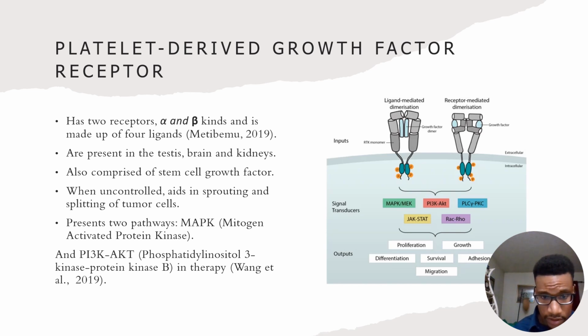They're also comprised of some stem cell growth factor. When uncontrolled, it aids in sprouting and splitting of tumor cells. It presents 2 pathways, the mitogen activated protein kinase and the PI3K AKT, in therapy.